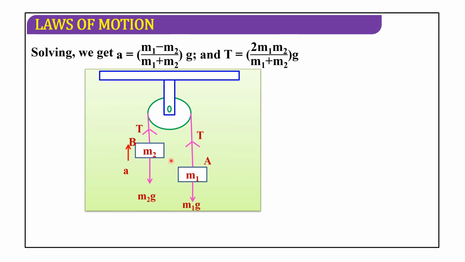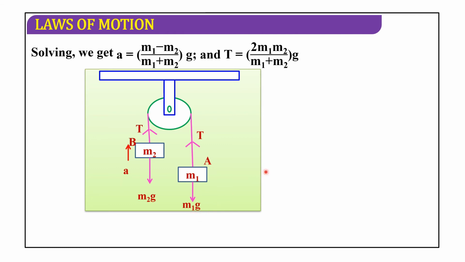See here, this is mass M1 and here another body of mass M2. For M1 this is M1G and two tensions, acceleration here upwards and here M2, M2G.